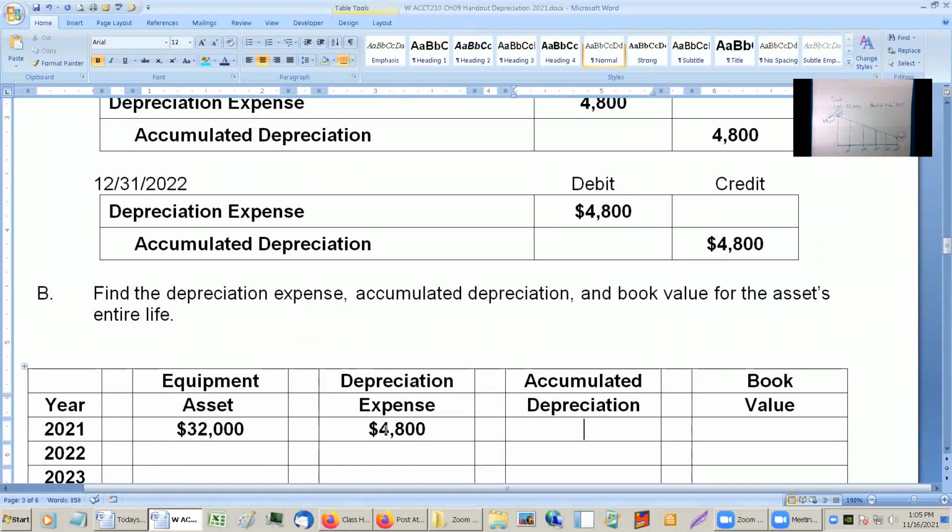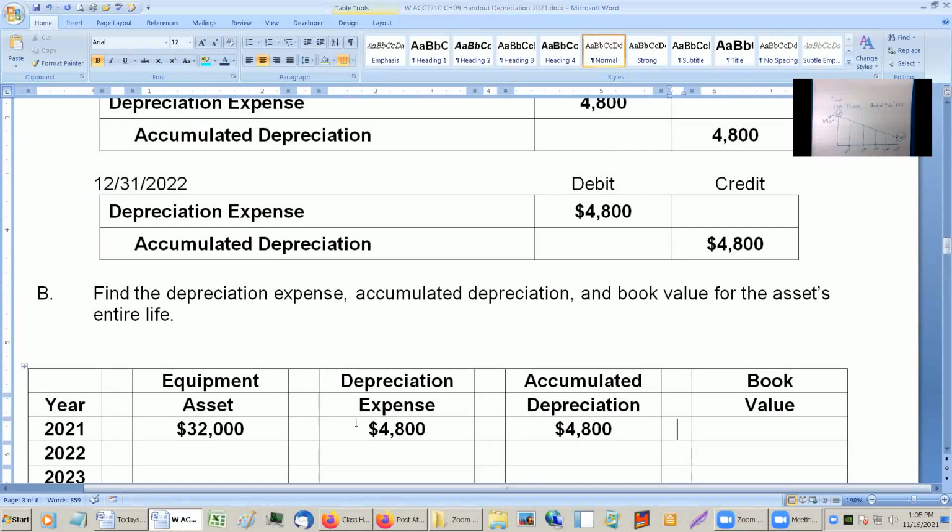So what would that be in the first year? Zero. At the beginning of the year, it would be zero, but at the end of the year, what would it be? 4,800. Yep. It starts out as zero though, because we bought it on January 1st. Hold on. You go to 4,800.